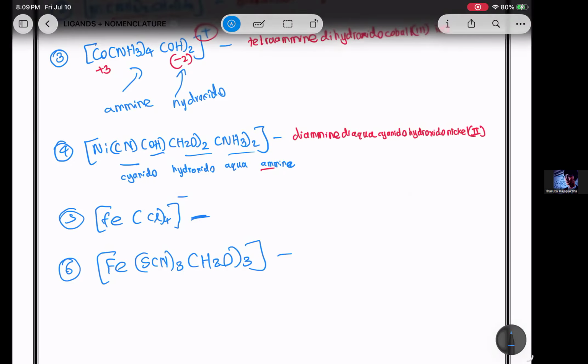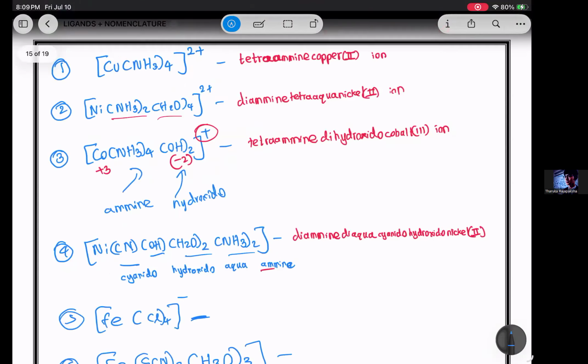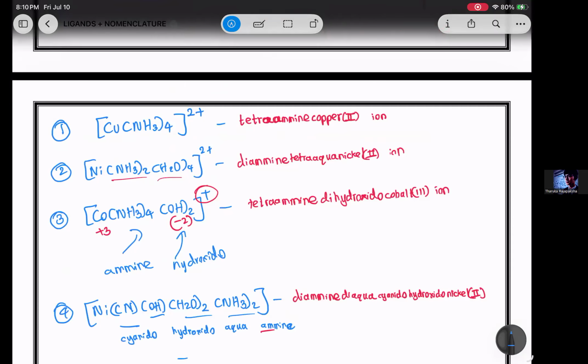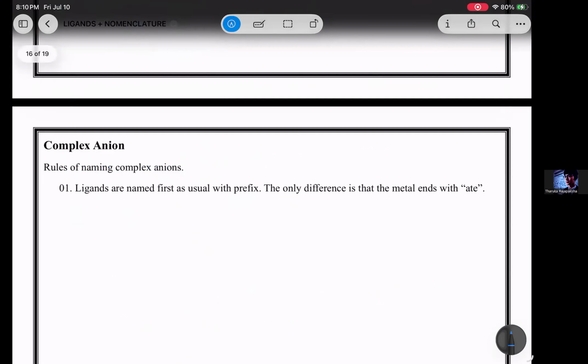Can you show the upper page? Okay. Yeah, complex anion is on the next page.